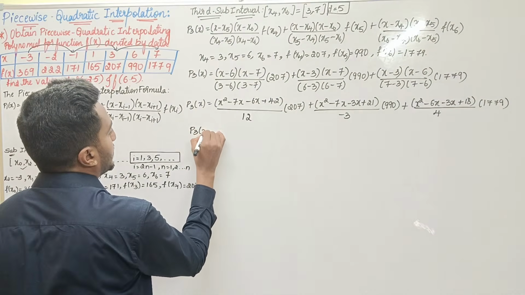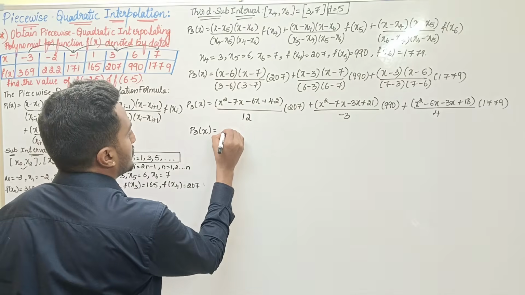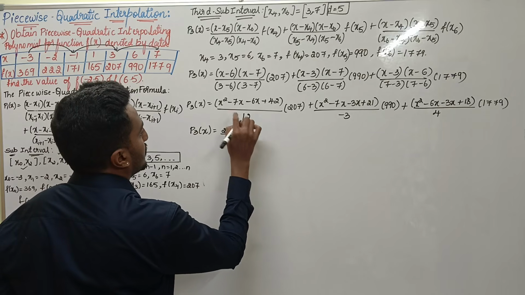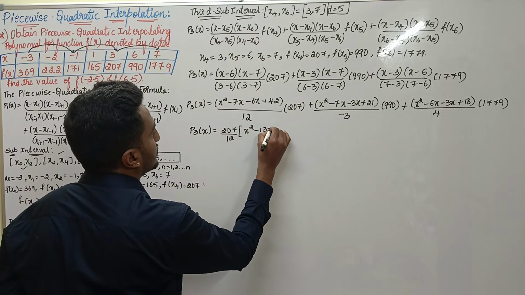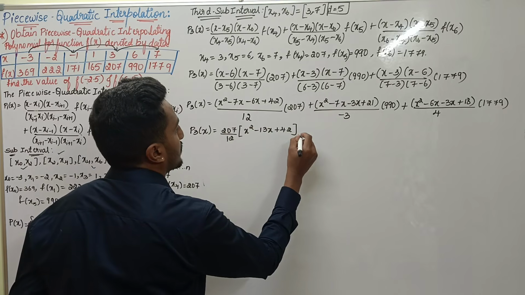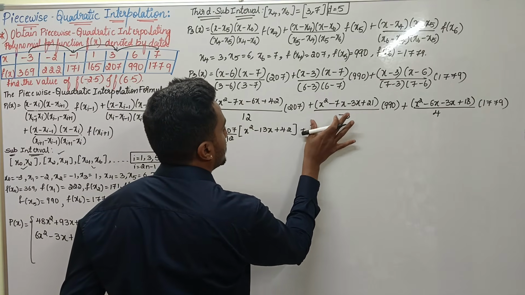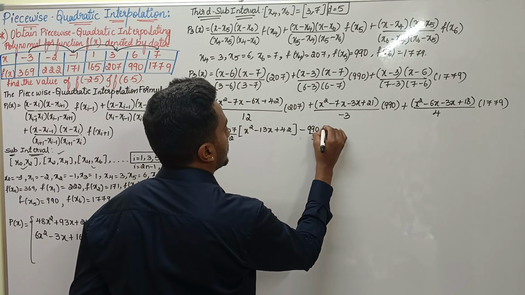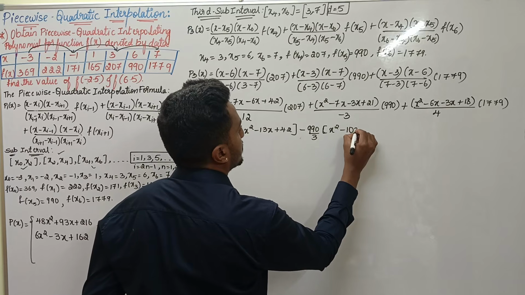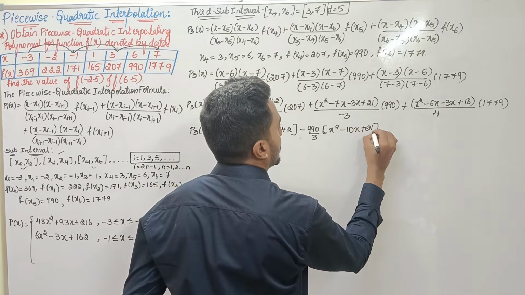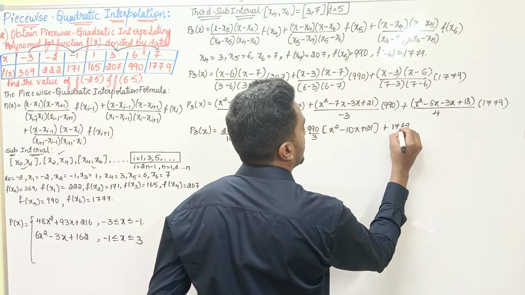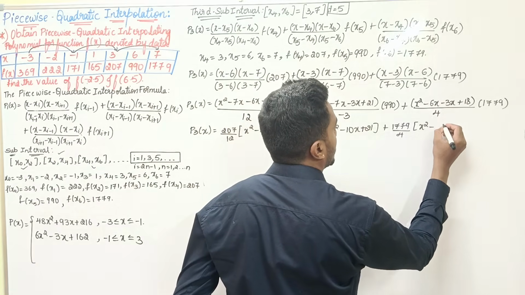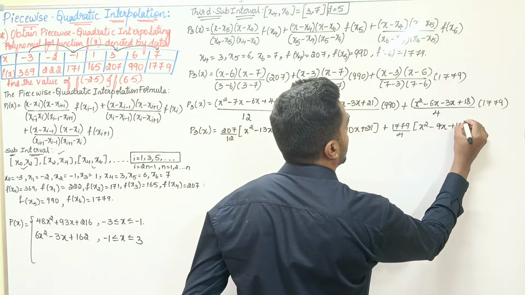Now P3 of x is equal to 207 divided by 12 into x square minus 13x plus 42, plus, minus 990 divided by 3 into x square minus 10x plus 21, plus 1779 divided by 4 into x square minus 9x plus 18.